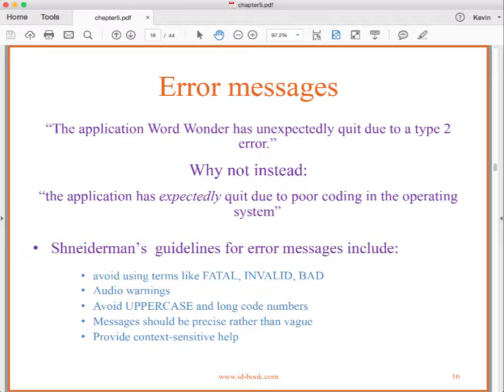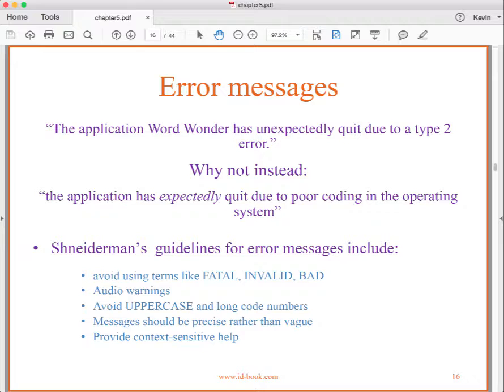Avoid uppercase and long coded numbers. These are just based upon the research. Uppercase is harder to read than mixed case, and long blocks of numbers are hard to read and harder to memorize. Messages should be precise rather than vague and provide context-sensitive help.